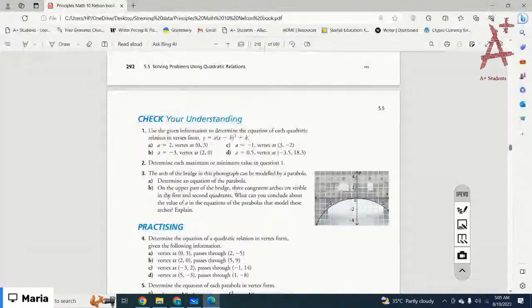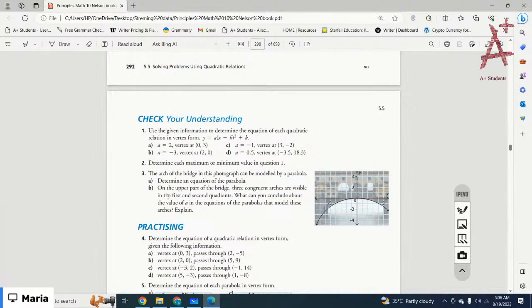Question number 3. The arc of the bridge in the photograph can be modeled by a parabola. Determine the equation of the parabola. On the upper part of the bridge, three congruent arcs are visible in the first and second quadrants. What can you conclude about the value of a in the equations of the parabolas that model these arcs?